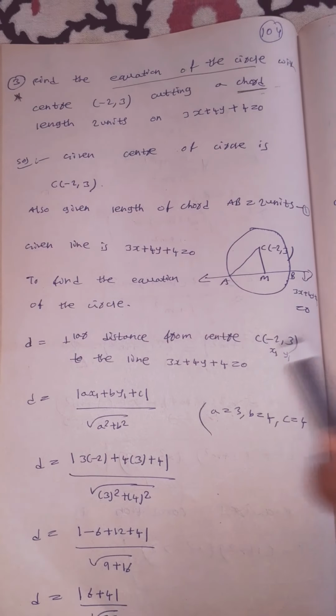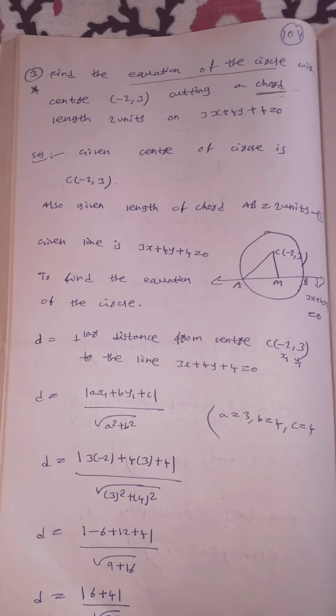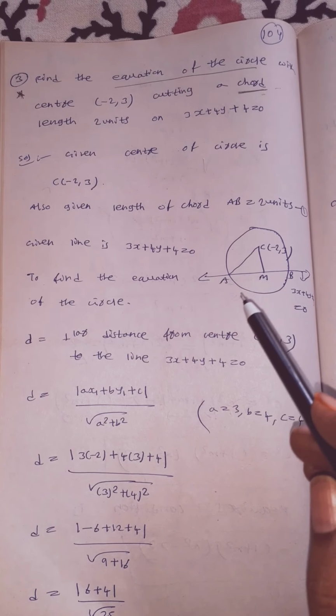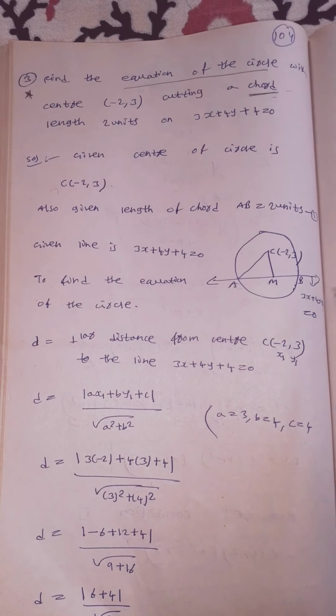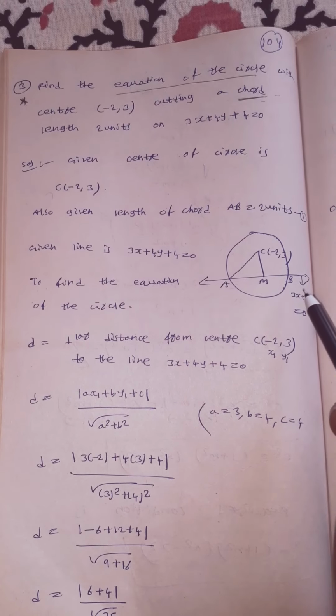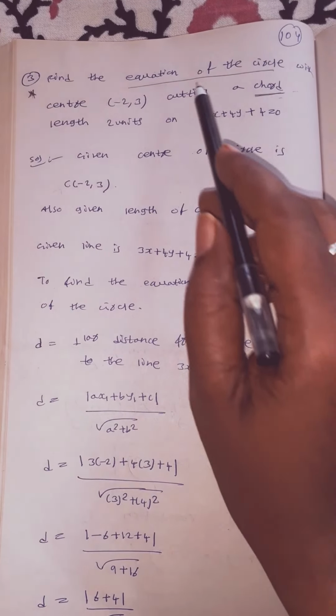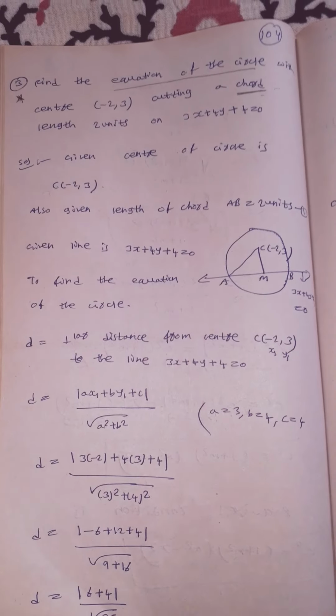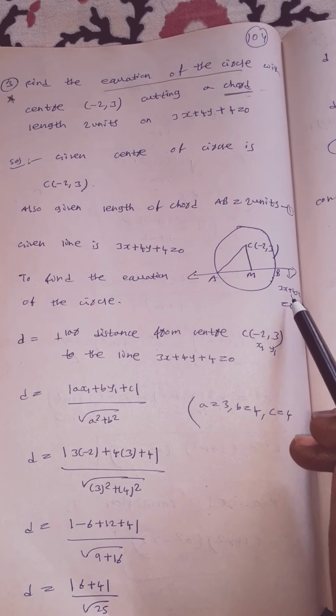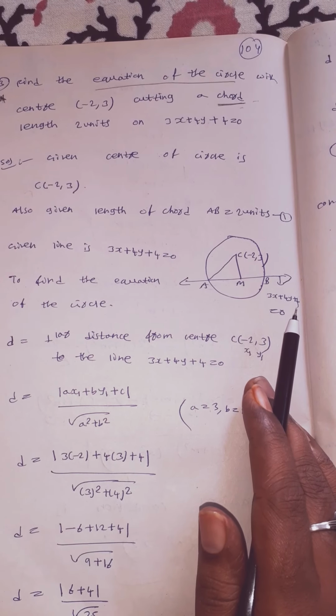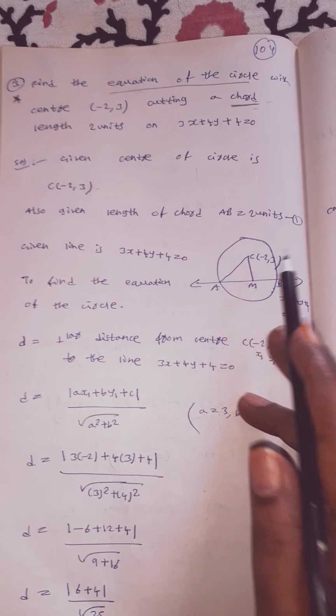We have to find the equation of the circle here, but the concept is the same. So this is a circle, children, this is a chord AB, and touching or cutting a chord, intersecting a chord, are one and the same. The line is 3x plus 4y plus 4 equal to 0. The center minus 2, 3 is given, children.